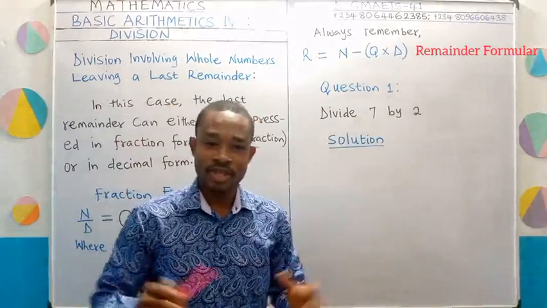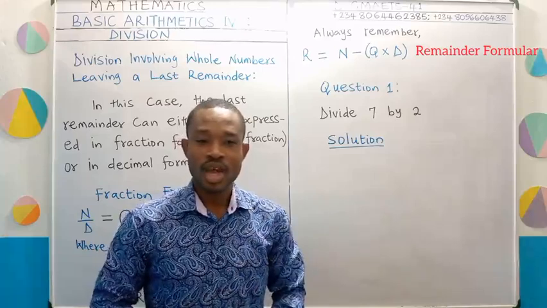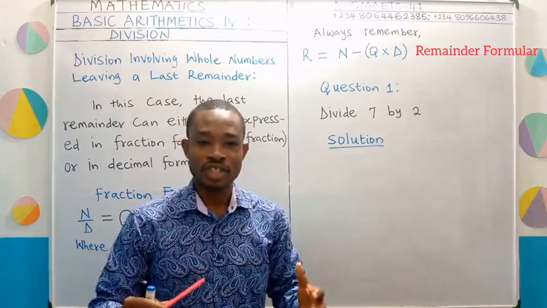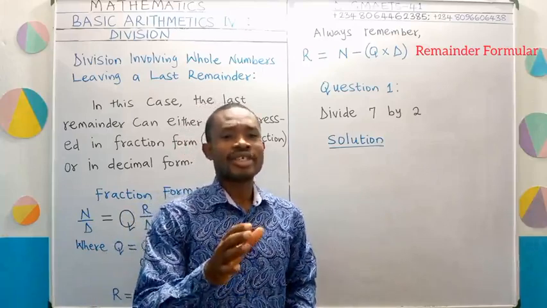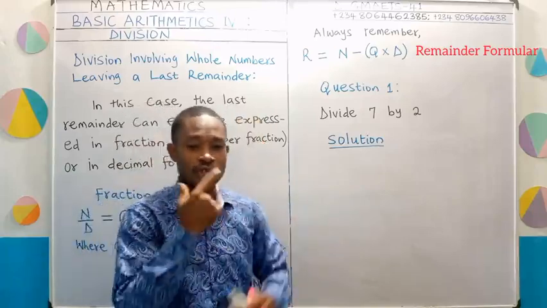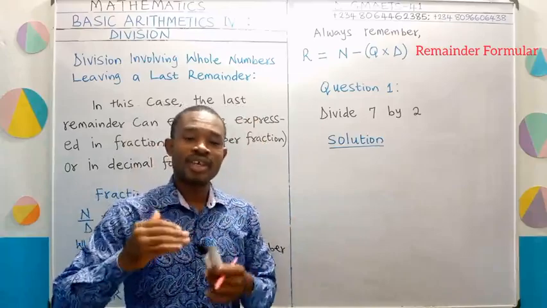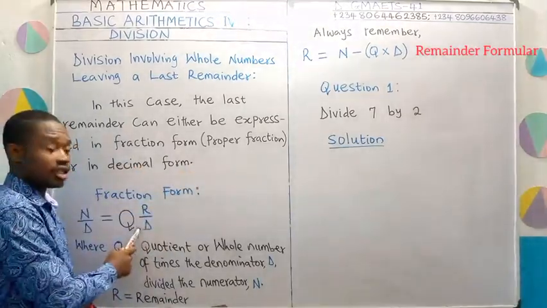Now that I've explained this, I would like us to pick our very first question to see how we deal with division that gives us a last remainder. For you to understand this clearly, we are going to break this part into two different sections, okay? One would be a case where we express our answer in fraction form, that is in this form.